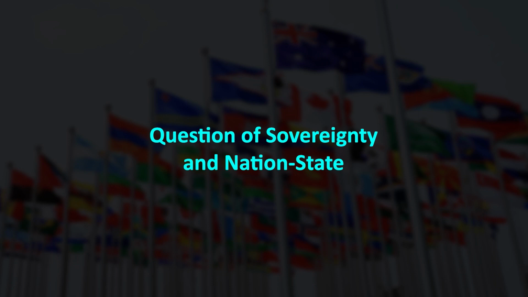Dear students, the other very important element in this discussion is the question of sovereignty and nation state. Dear friends, the factors like feudalism, church's decline and the rise of bourgeois class set the stage for the rise of powerful monarchs and with it the modern nation state system.